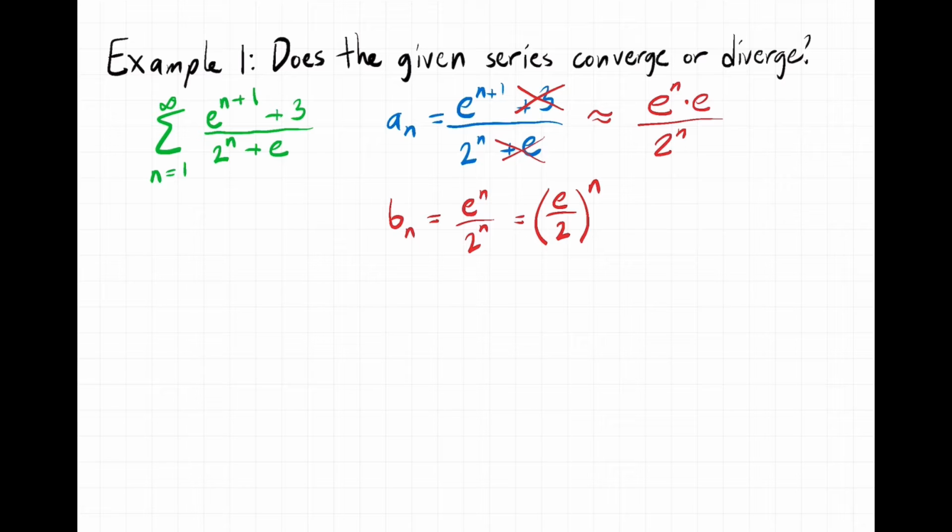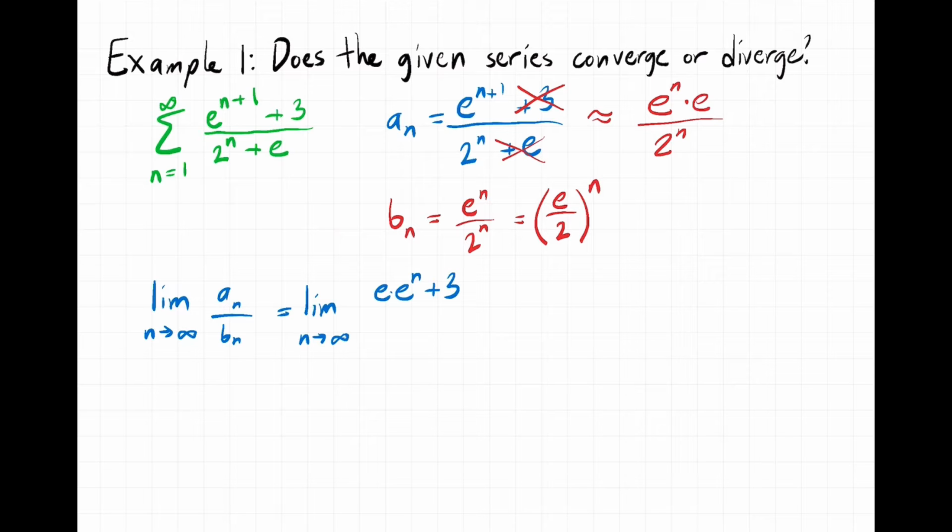Let's try it. Let's take the limit as n goes to infinity of a_n over b_n. So the nth term of our series divided by the nth term of the series that we're comparing to. That is going to be the limit as n goes to infinity of e times e to the n, plus 3.